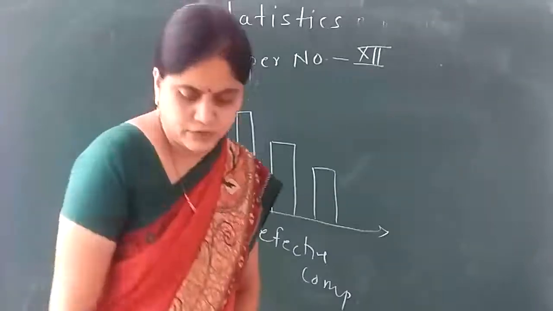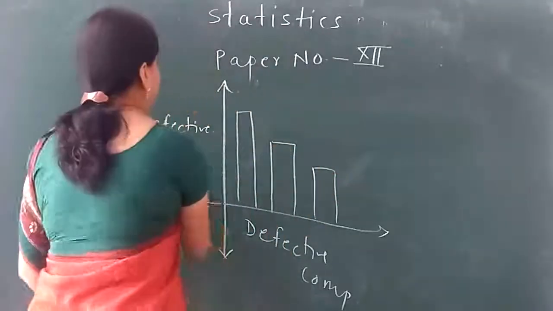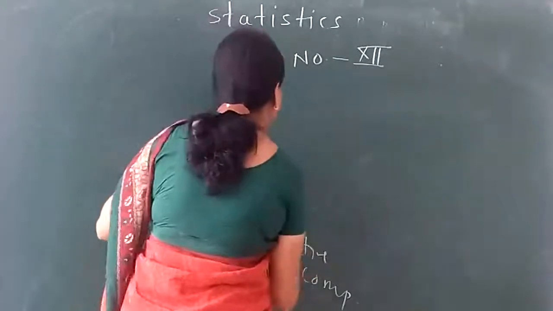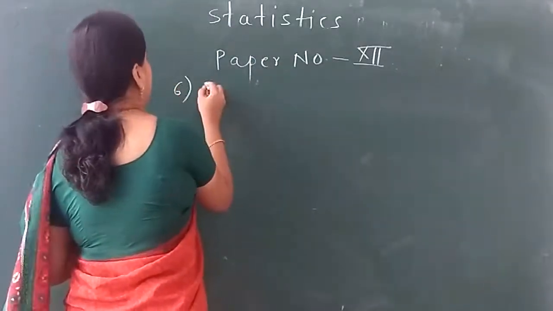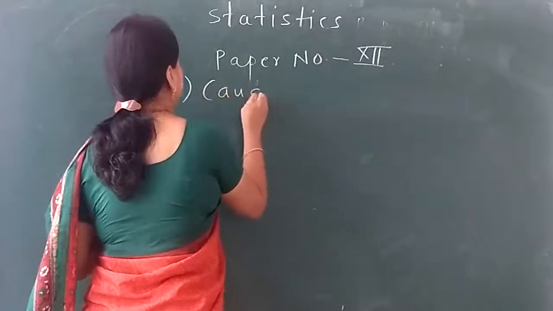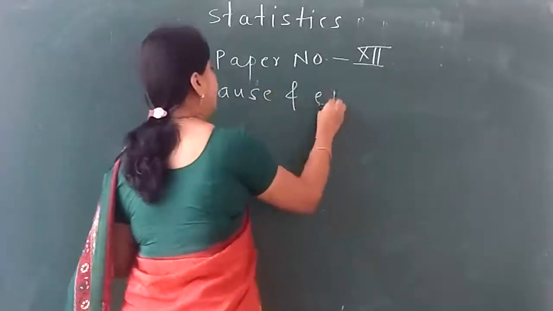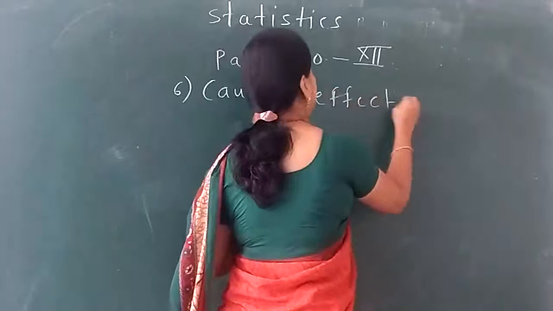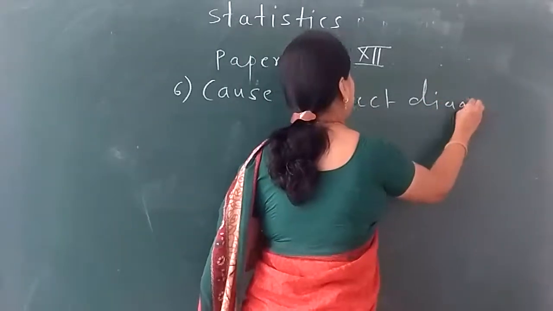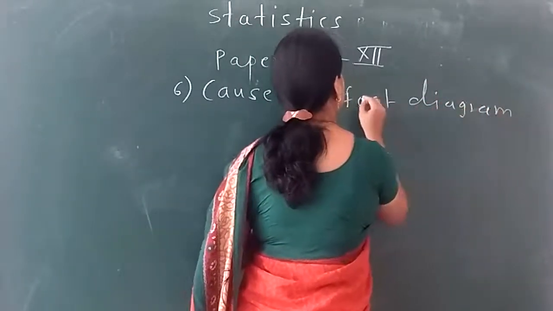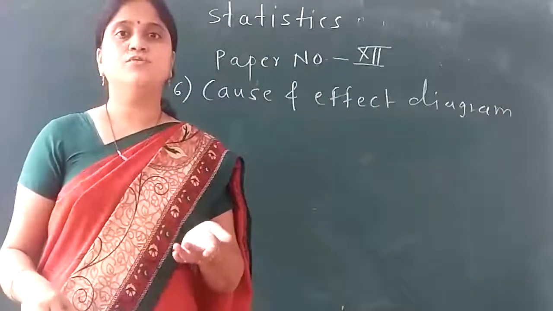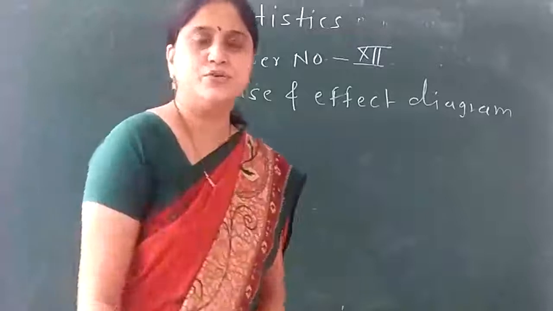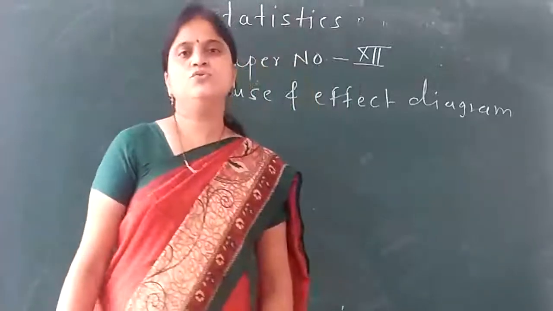Next will be the cause and effect diagram. After this Pareto chart, I have the cause and effect diagram. So what is the cause and what is the effect? Do you know the meaning of the word cause, and the meaning of the word effect? Yes, you know.